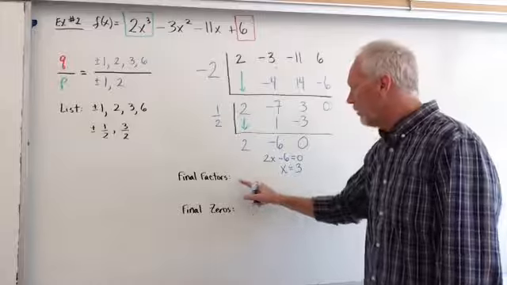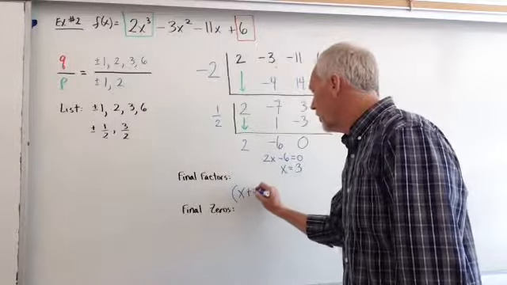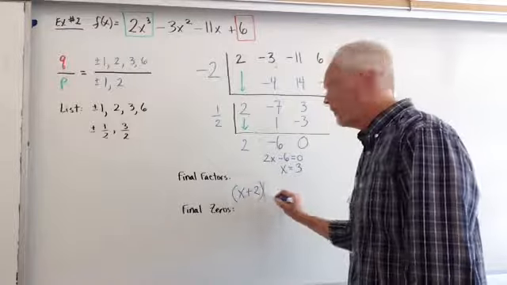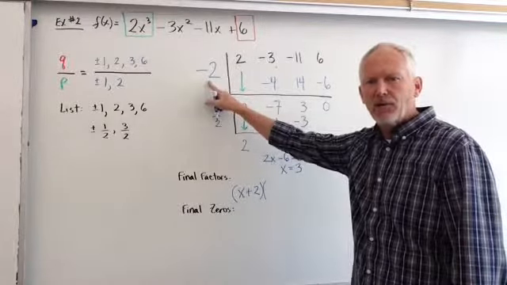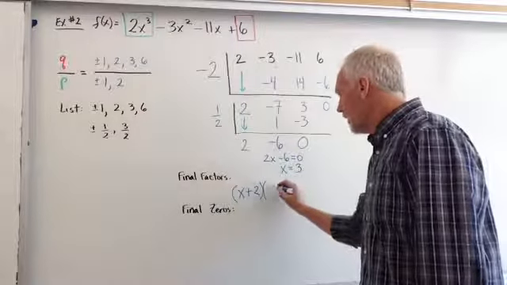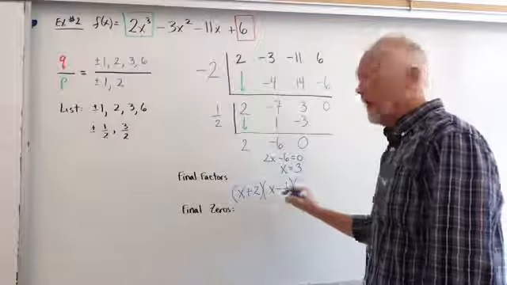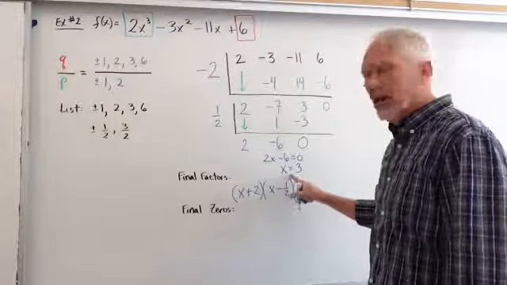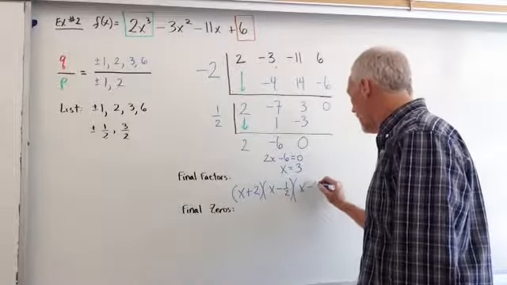All right, so my final factors are x plus 2. I took that from here. The x value is -2, so the factor is +2. Then x minus 1/2. And my other factor, x was 3, so I get x minus 3.